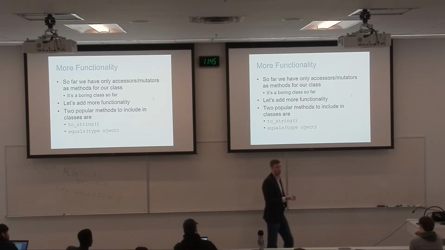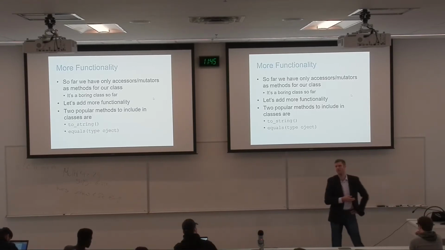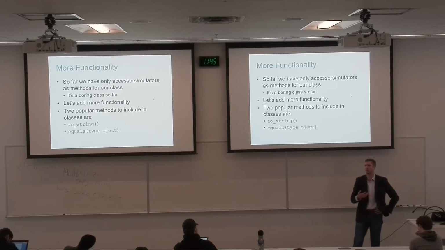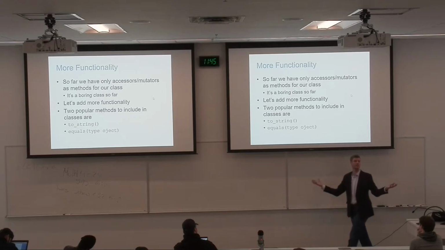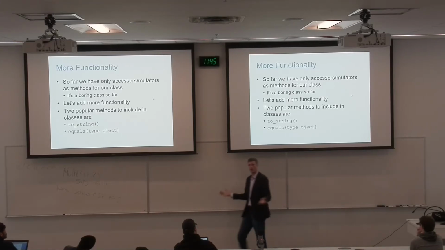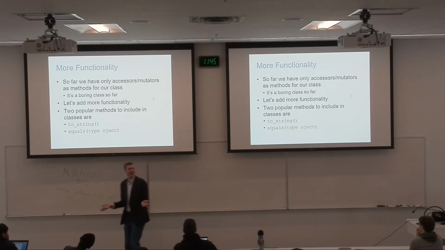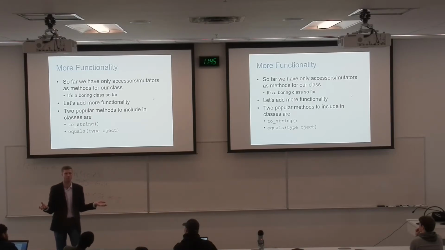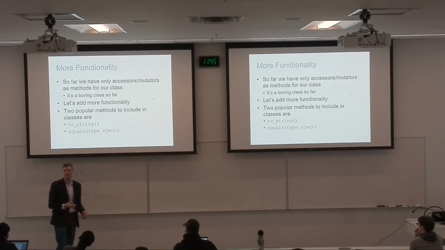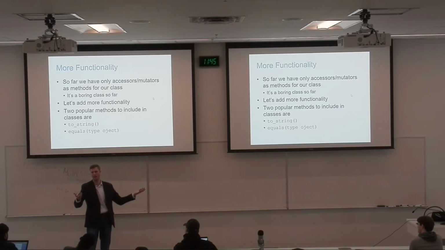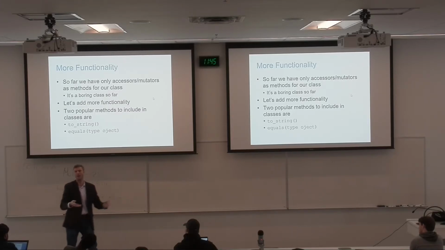A more reasonable one in this situation would be if they have the same student number, then those are probably equal students. Because sometimes, imagine I have two instances of an object. There are two instances, but they actually represent the same student. That could happen, right? There's nothing stopping me from making a James Hughes student number 7 and another instance of James Hughes student number 7. And I might want to ask, are these the same? Maybe that's handy.